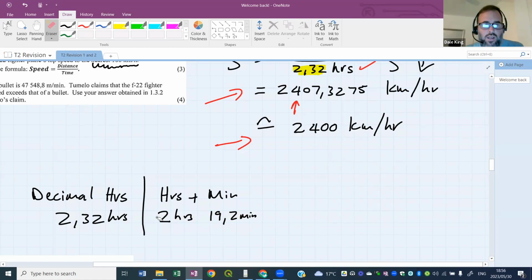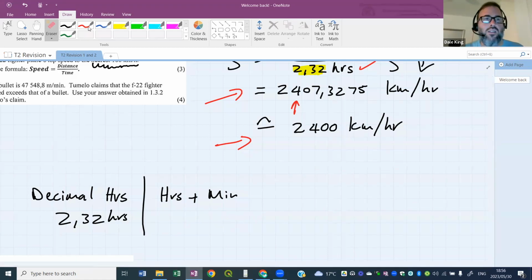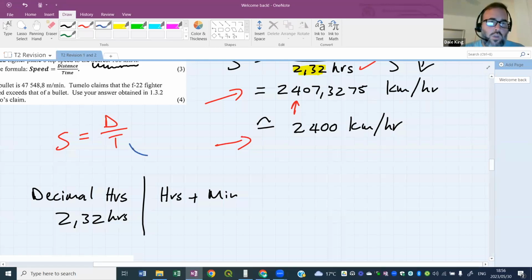Now, we didn't have hours and minutes. Thank goodness, because the speed, distance, time formula, this formula here, when you put your time in, has to be in decimal hours. All right.